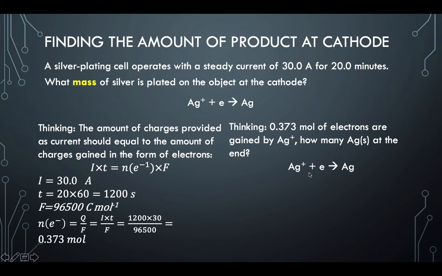If one silver ion gains one electron to produce one silver atom, then 0.373 mole of electrons will result in 0.373 mole of silver metal. Then we simply need to do a conversion between mole and mass to find out that, in the end, the silver plated should be 40.3 grams.